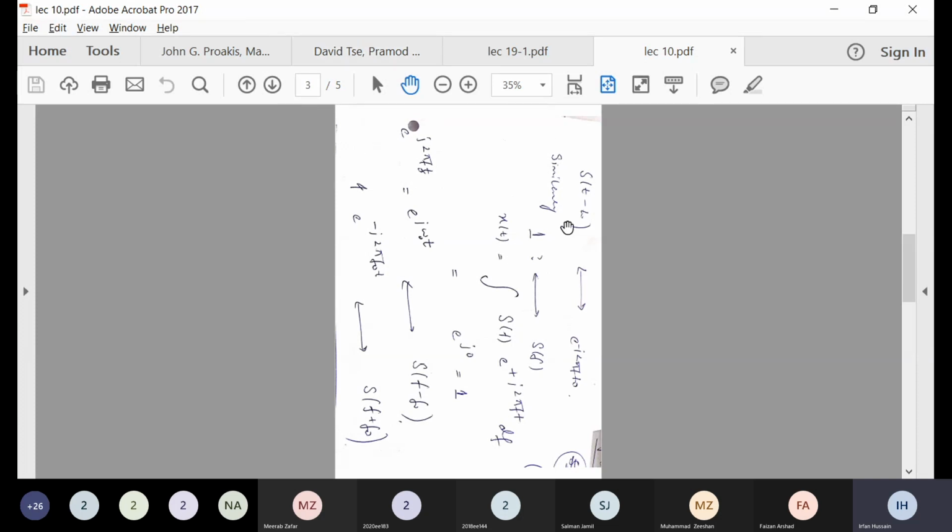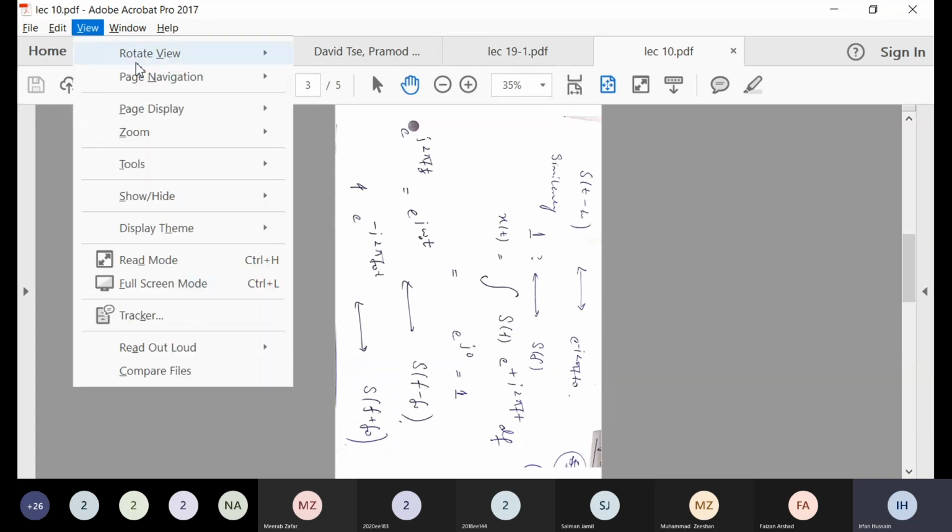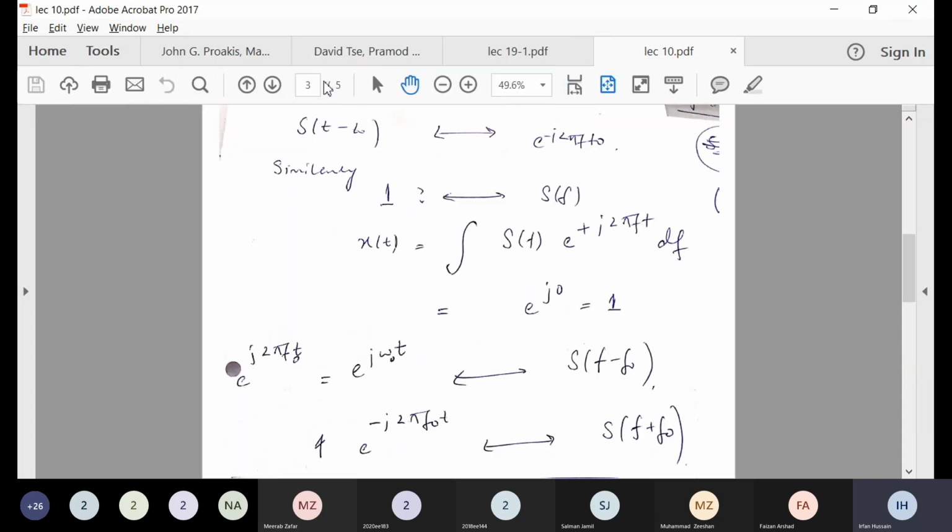Similarly, if I shift my impulse, we know I get this thing. Similarly, we know that if we have a DC, so if we have delta F, only a DC impulse, I get a DC signal in time. This impulse in frequency gives you DC signal in time.